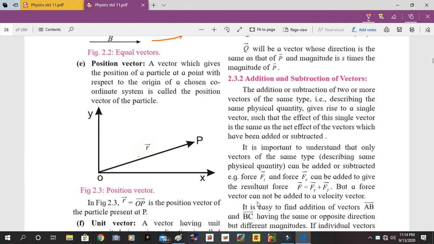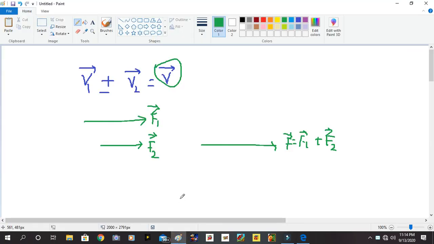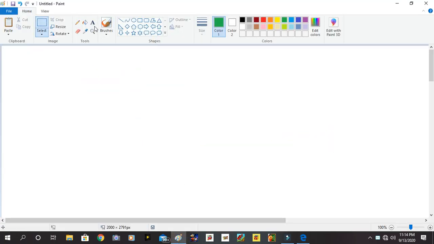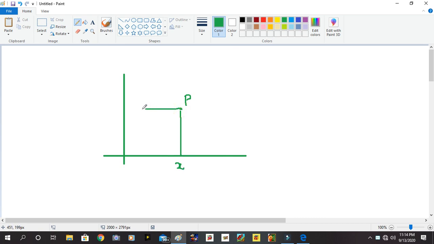Position vector. So a vector which is drawn to check where you are lying in a certain path, a certain space, we call it a position vector. For example, suppose this is the xy plane, you are traveling in the xy plane and this is a point P, which indicates that you are lying at distance x from the x-axis and at distance y from the y-axis. But what should be your position from the origin?